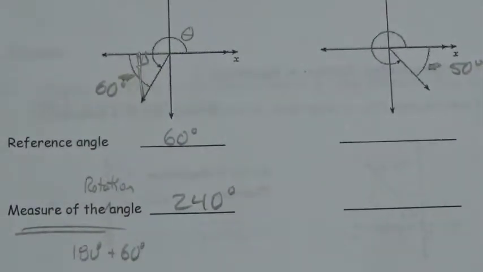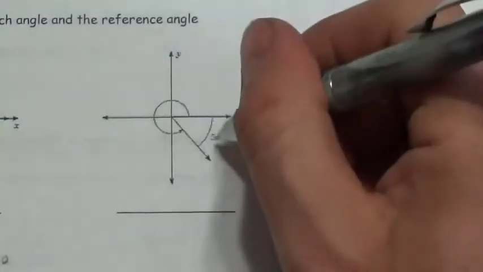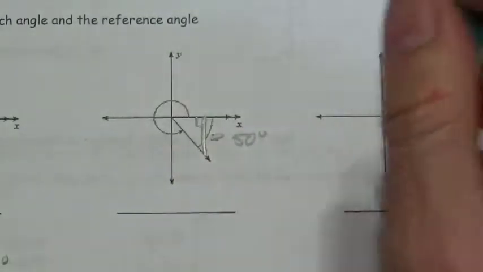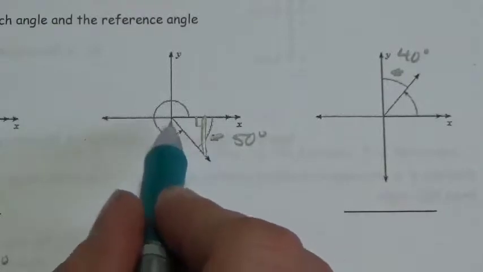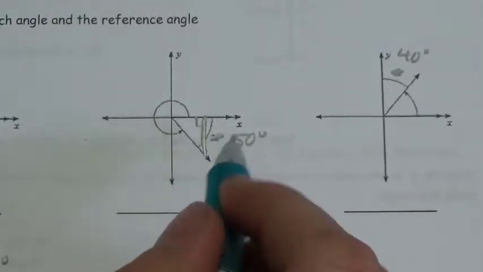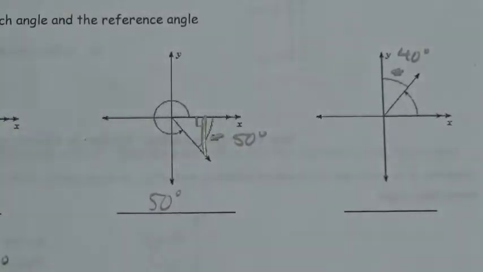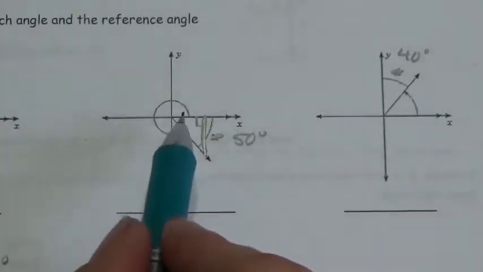This next one, same thing, here's our terminal arm. To start off, we're going to draw that right angle triangle. Notice that the angle between the terminal arm and the x-axis, that's the 50 degrees. Again, that is our reference angle, the angle inside the triangle. We're in the fourth quadrant.